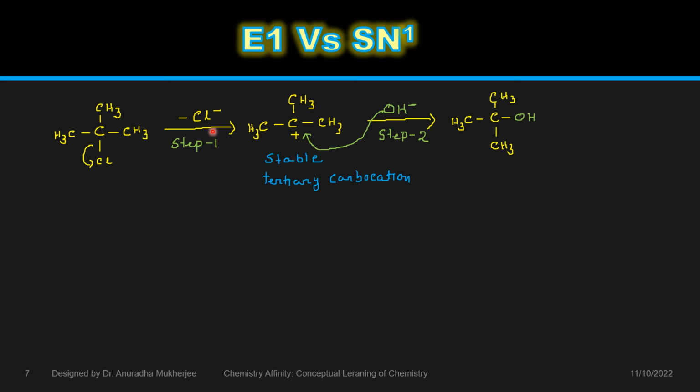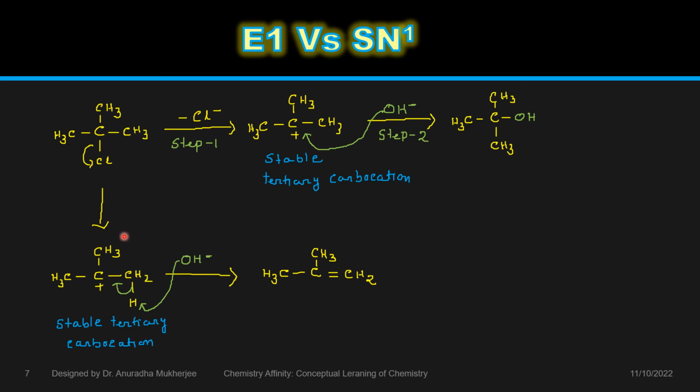So first the leaving group leaves and a stable carbocation forms, then the nucleophile attacks here and a new bond forms between carbon and nucleophile. In E1 also, the first step is the formation of a stable carbocation, which is the rate determining step. But in step 2, OH minus behaves as a base, so deprotonation takes place and we get an alkene molecule.